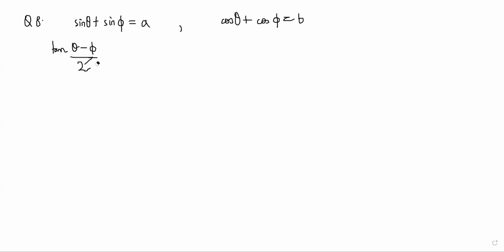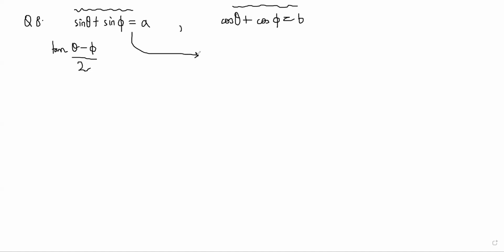Okay, fine. So these two equations you have to use to get that. If you know sin C plus sin D, what is the formula? 2 sine (C plus D) by 2 into cos (C minus D) by 2.